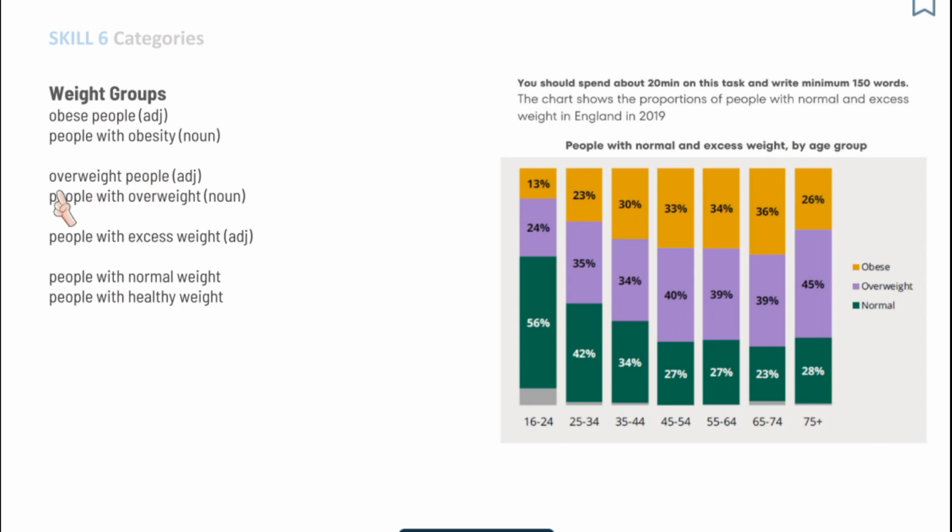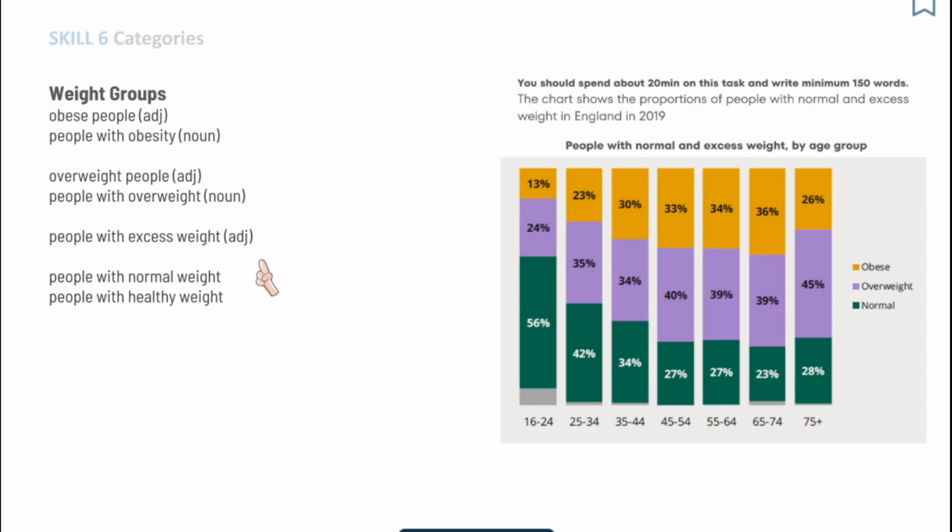We can go with overweight people, overweight being an adjective here. Or we can say people with overweight, and in this case, overweight is a noun. Another option is to say people with excess weight. Excess means more than enough in a negative way here.